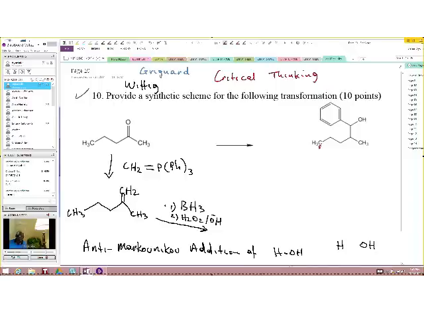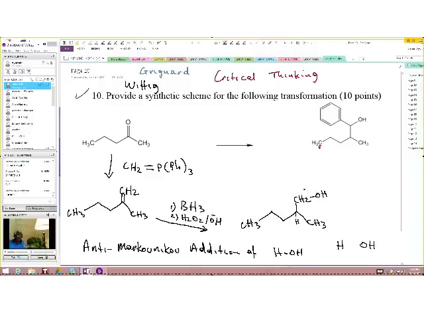That is anti-Markovnikov addition of water. So what is the product we get here? Notice hydrogen goes here, and the OH goes here.